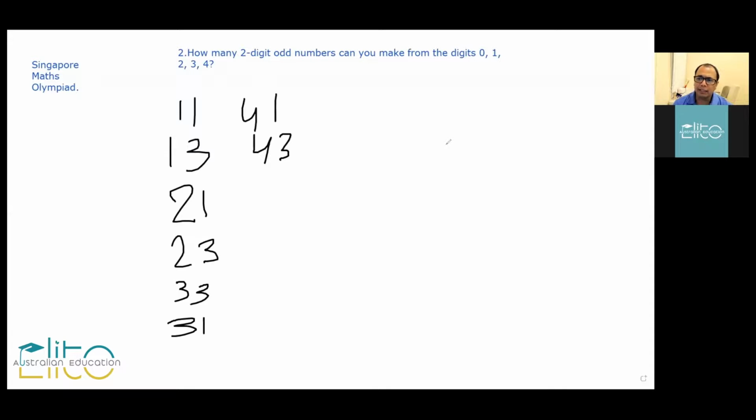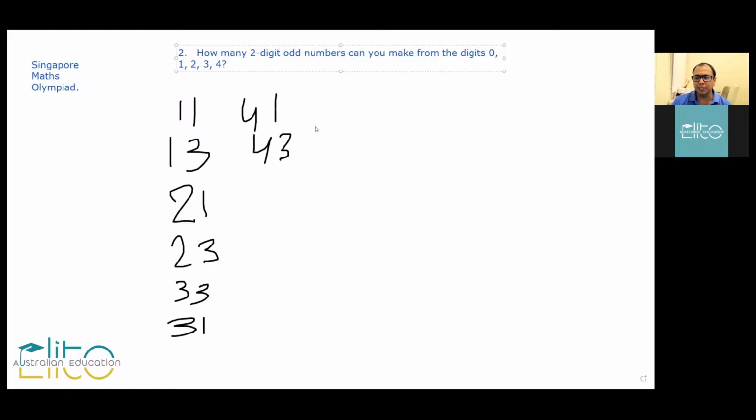Now, Clear is correct. But the fact is that Clear took a lot of time to do these numbers. And what I am going to do is increase the complexity by saying, let's make 3-digit odd numbers.